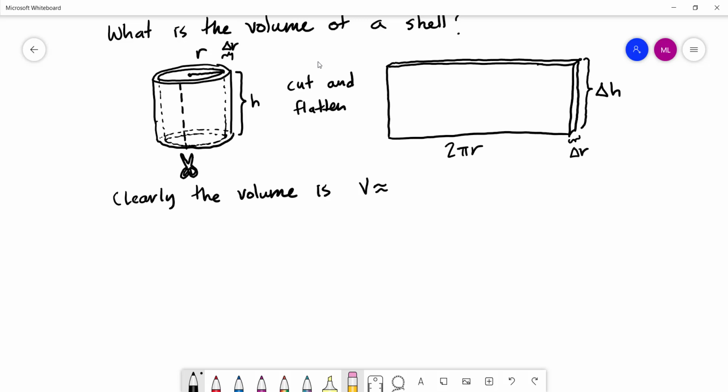We're kind of fudging it, but it's approximately the dimensions that we've got here of this rectangular prism all multiplied together. So 2 pi r delta H. And so that's what we're looking at here.